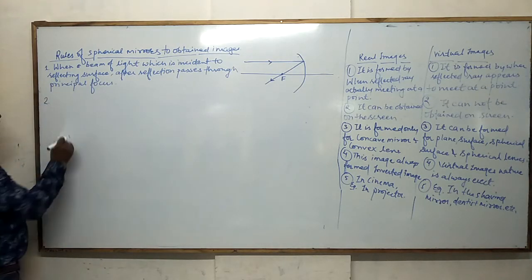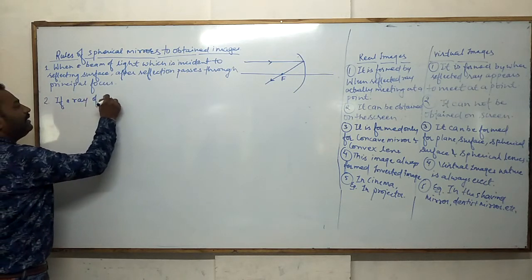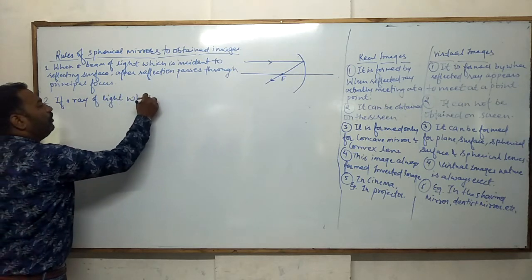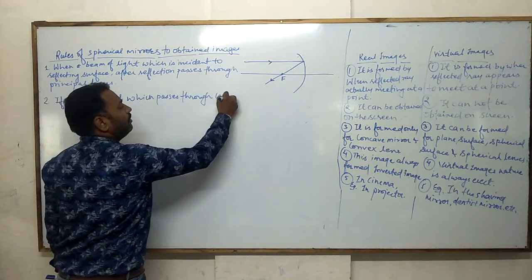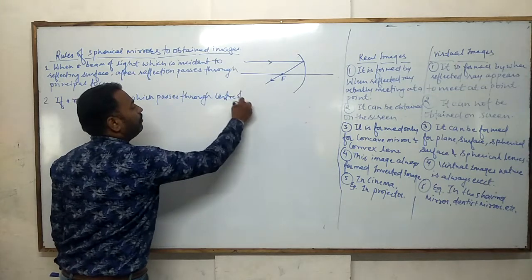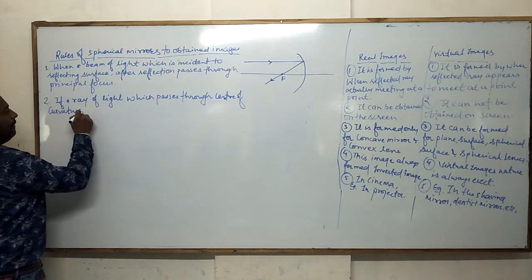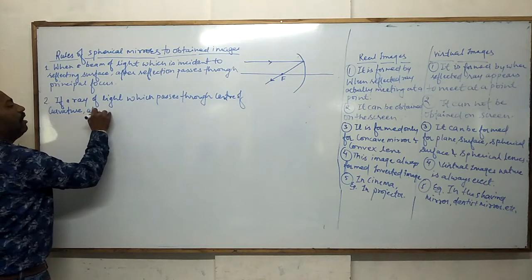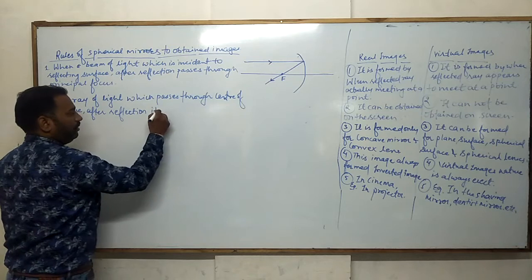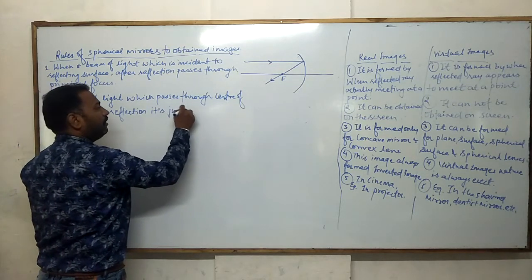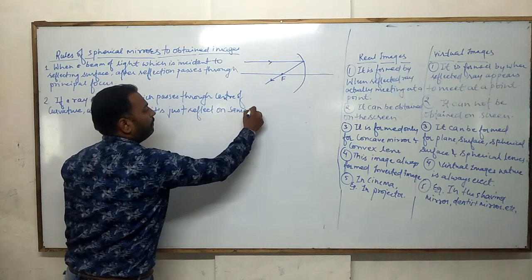The second rule is: if a ray of light which passes through the center of curvature, after reflection, it reflects on the same path.